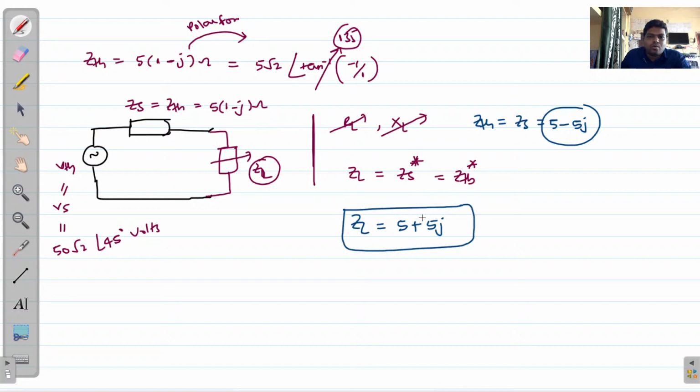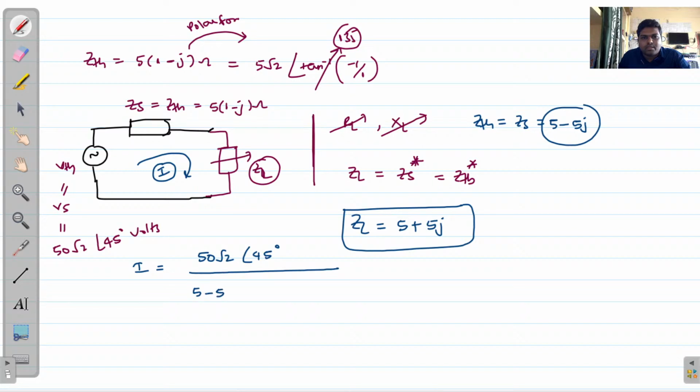Once you get the load value, then you can find the power. First, before going to that, you need to evaluate the I value in this particular circuit. Right. So what is the I value? I is equal to Vs by total impedance. So that is 50 root 2 angle 45 degrees divided by the total impedance, 5 minus 5j plus 5 plus 5j.